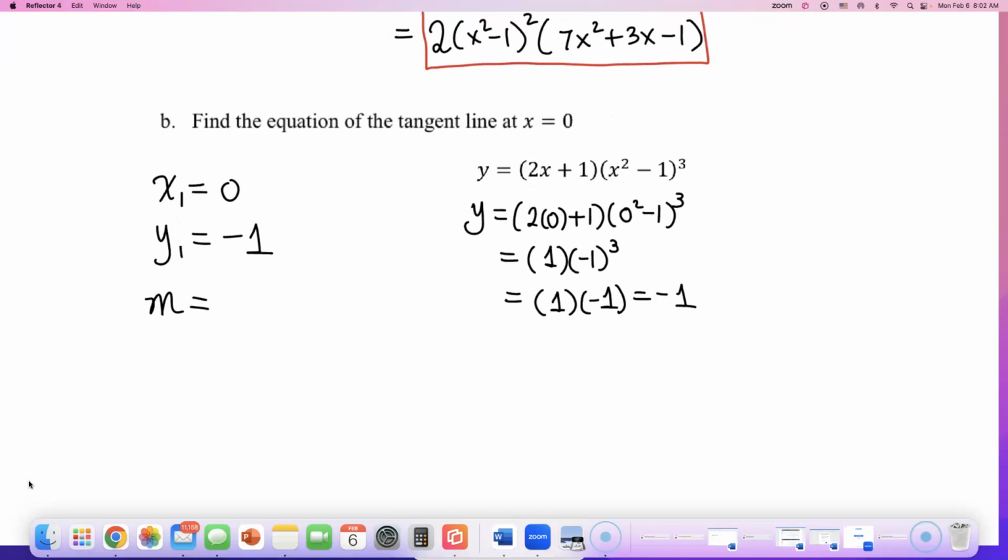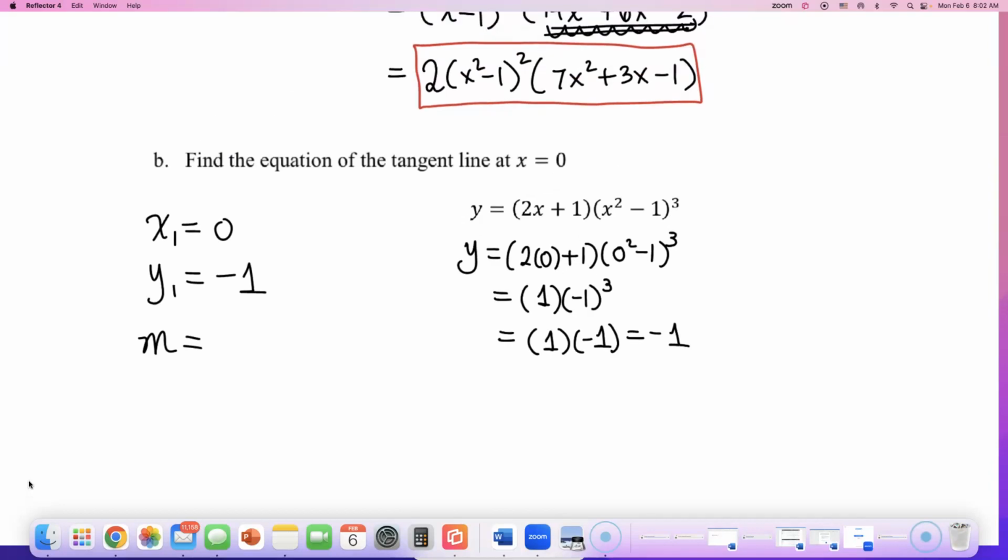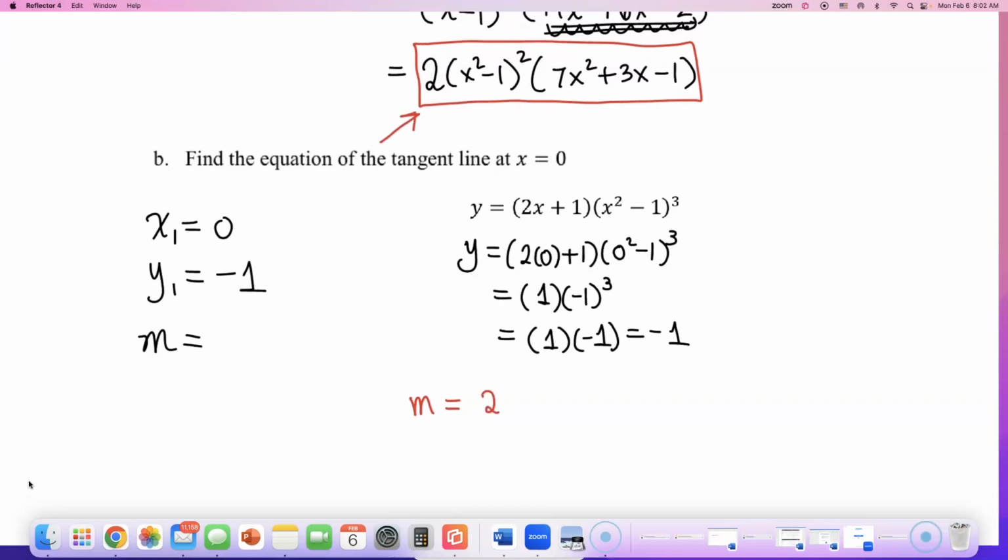Now, how do we find the m value? Well, m comes from our derivative. You've got to plug in the x value of 0 into the derivative function. So that's going to give us 2 times (0 squared minus 1) squared times (7 times 0 squared plus 3 times 0 minus 1).